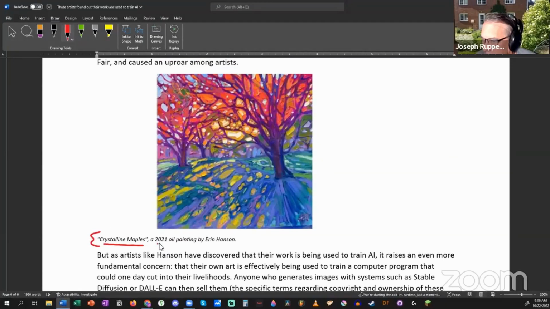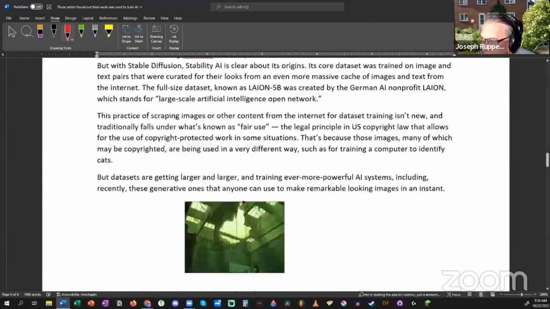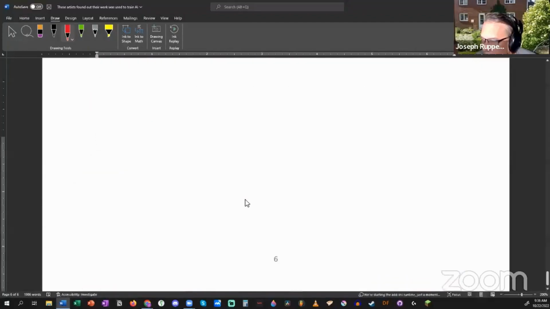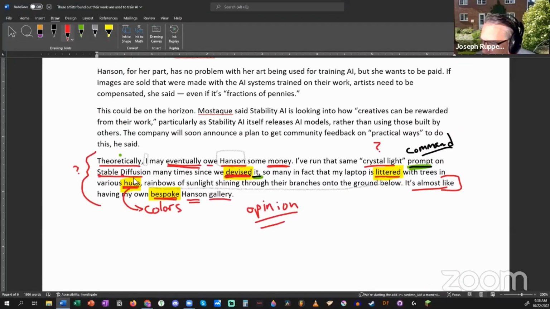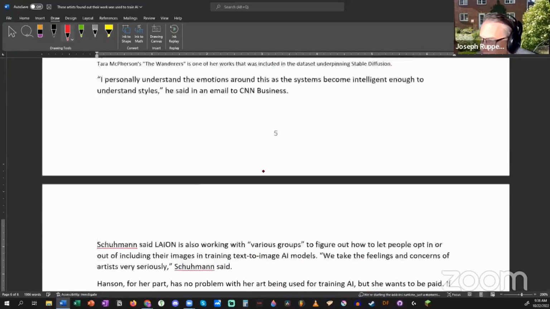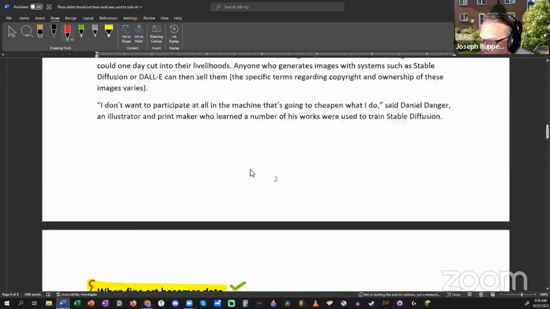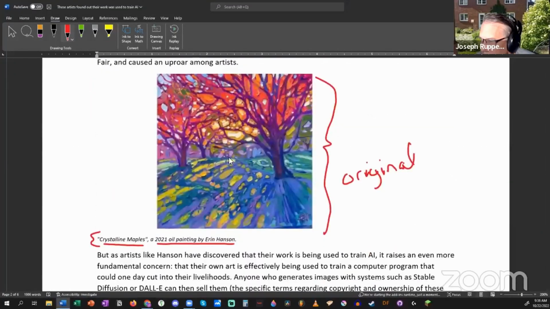So this here, Crystalline Maples, is a 2021 oil painting by Aaron Hanson. So this is an original by the artist. This is our artist that's being interviewed, right? So this makes sense. Got the light here on the ground. And then in fact, if we go to our conclusion, trees of various hues, rainbows of sunlight shining through the branches onto the ground below. That's exactly right, a good description of this.